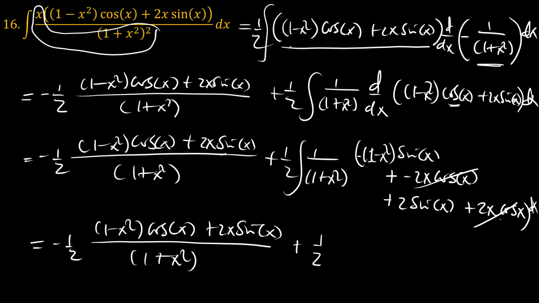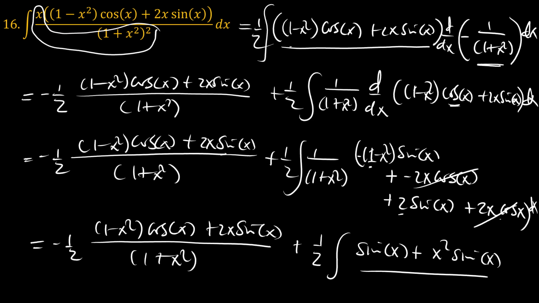So this and that have gone, and we have this negative interacting with this positive here, and we're left with sine of x, actually plus x squared sine of x over 1 plus x squared.